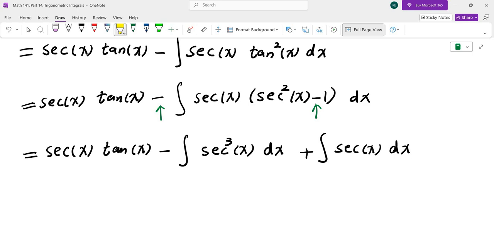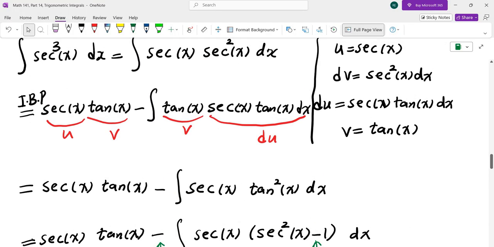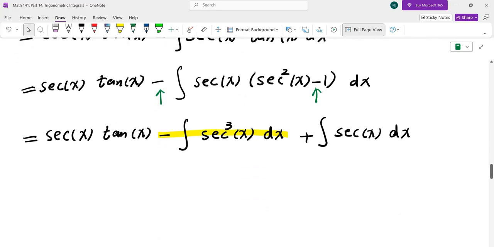Now let's see what happened. We have negative what we started with from the beginning. We started with the integral of secant cubed and we ended up with negative integral of the same thing on the other side. If you recall, we had a very similar thing happen when we were doing integrals of e to the x sine of x and also e to the x cosine of x in the previous lecture.